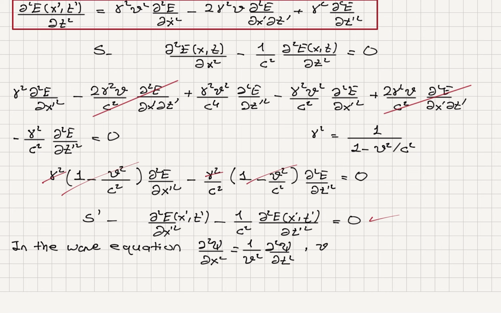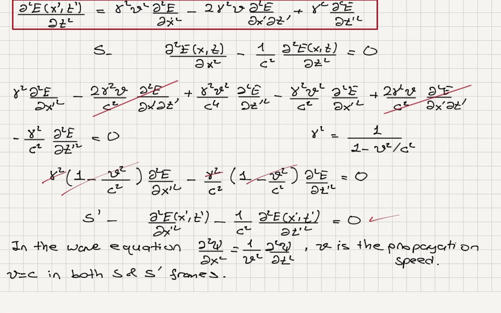We remember that v is the propagation speed of the wave. Okay, so these two equations show me that v is equal to c in both S and S prime reference frames.